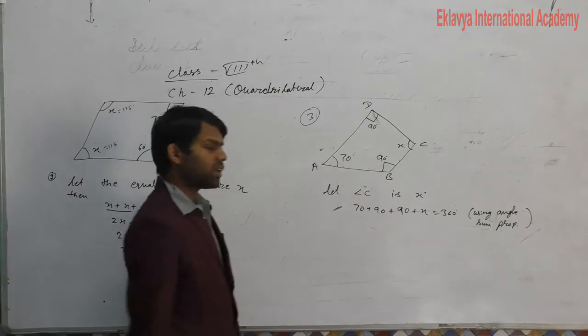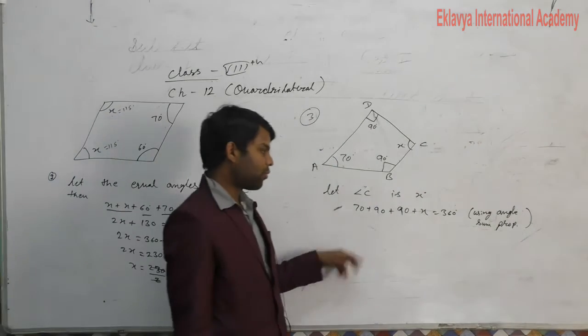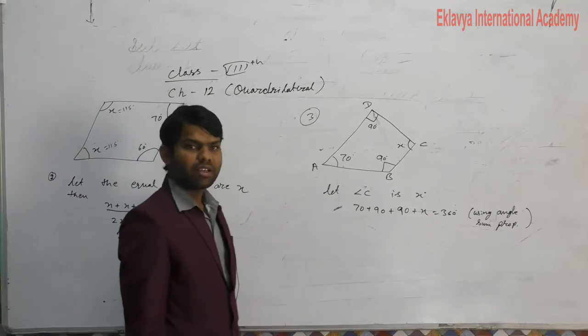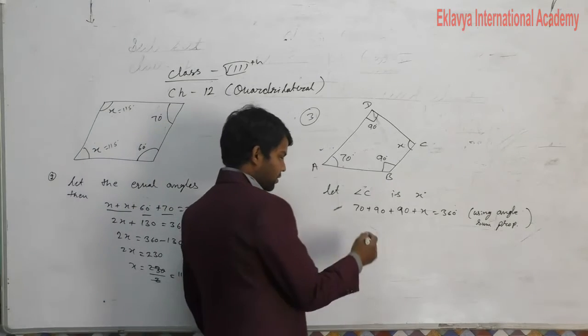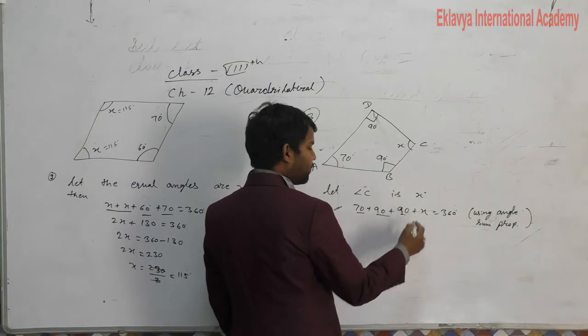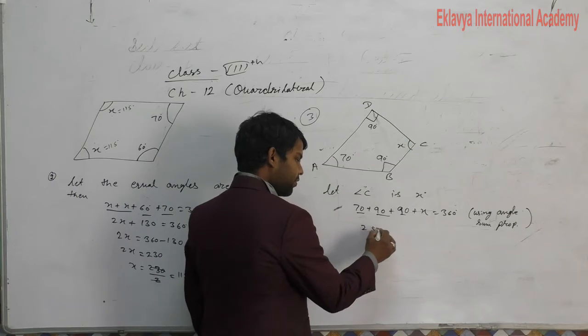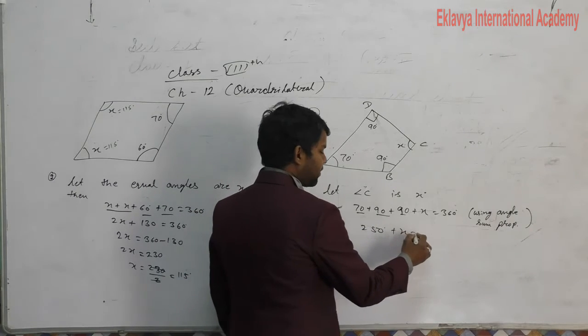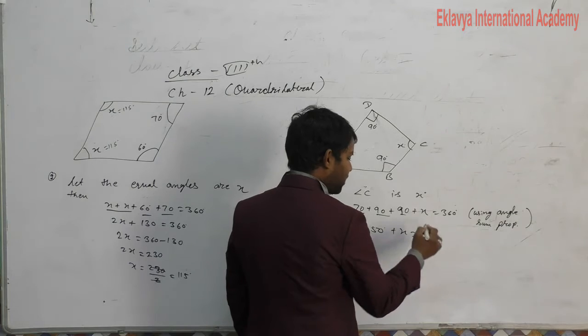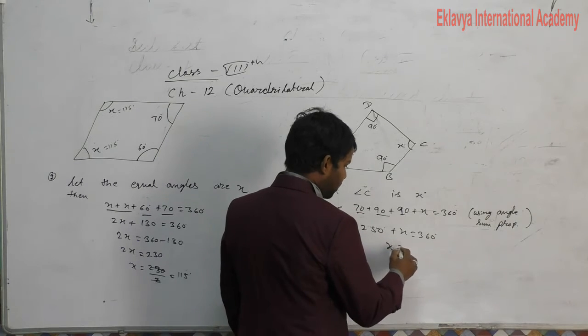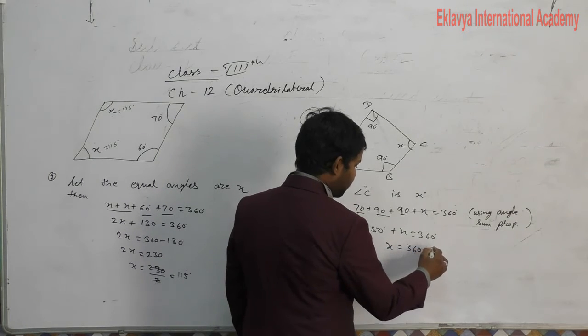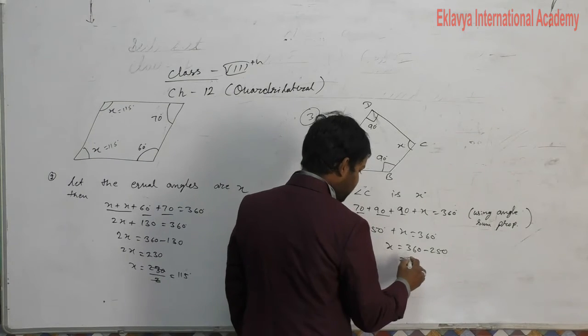If we use angle sum property, then the sum of all angles is 360 degrees. 70 plus 90 plus 90 is 250 degrees, plus x is equal to 360. Then x is 360 minus 250.